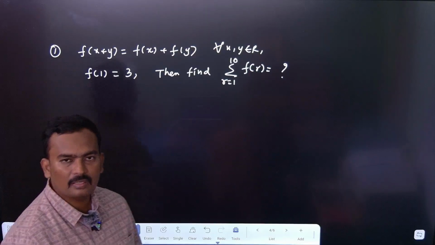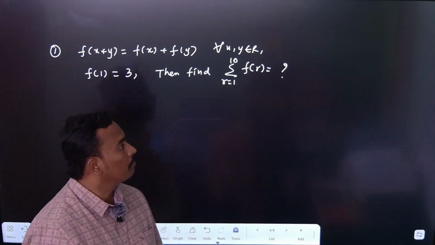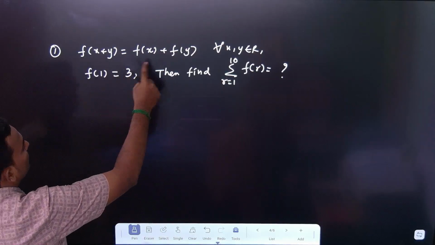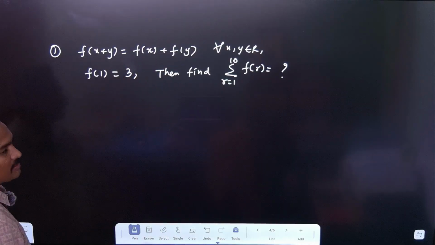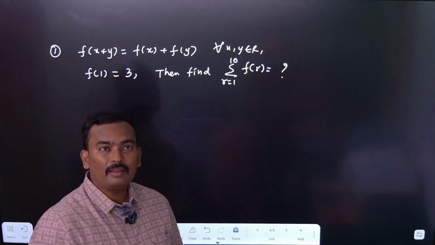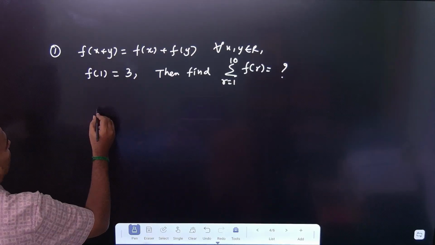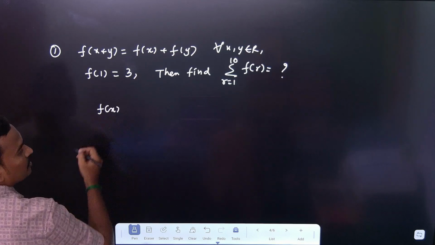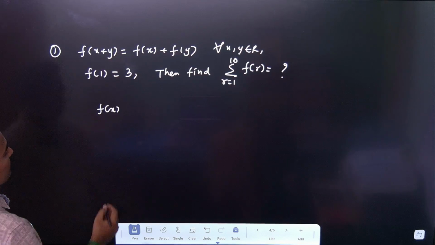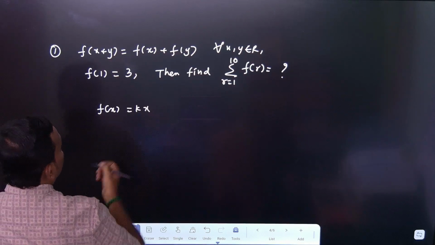We already discussed that. Sum changes to the sum. X plus y changes to f of x plus f of y, means linear functions. Linear functional equations, what you can do, which one is suitable here? You can see the first one we discussed, no? F of x equal to kx, right? Yes.